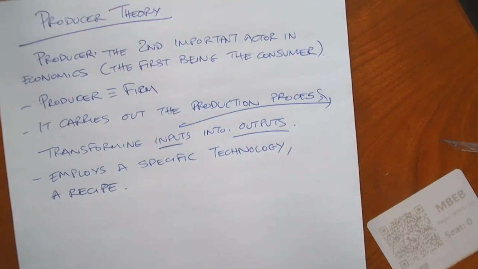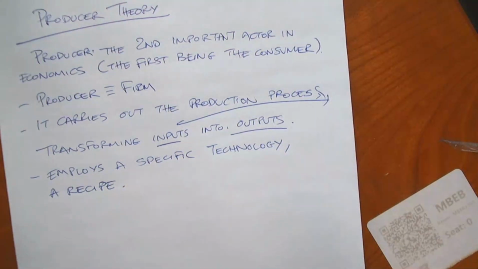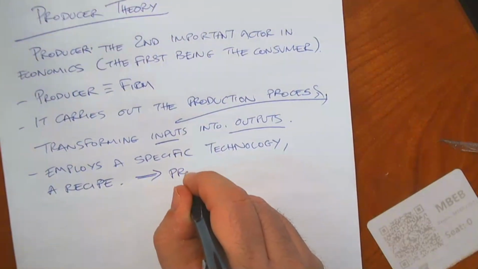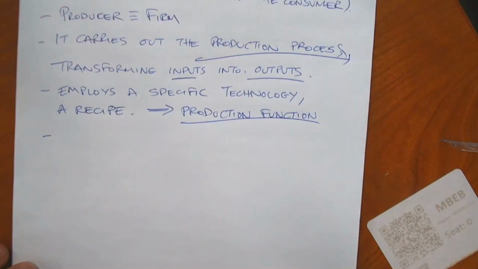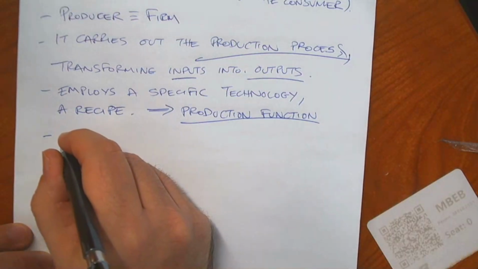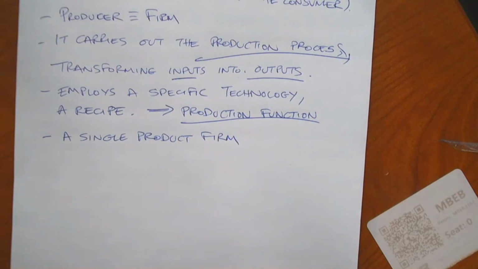If you think about the whole thing as a method for transforming inputs into outputs, it's the better way of conceptualizing that. So it employs a specific technology, which we are going to call the production function. And we start with an assumption here that we're thinking about a single product firm, right? The firm that produces one type of good. And this discussion can be extended to multi-product firms also.